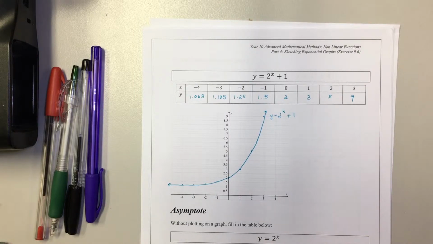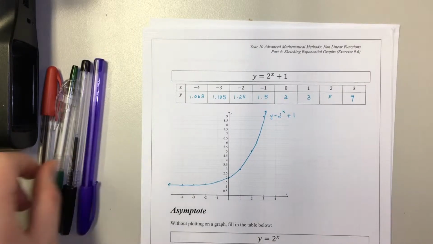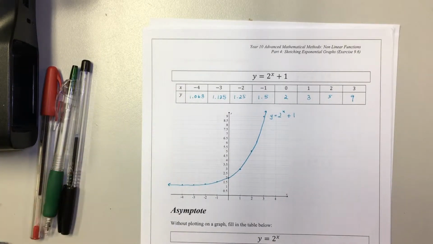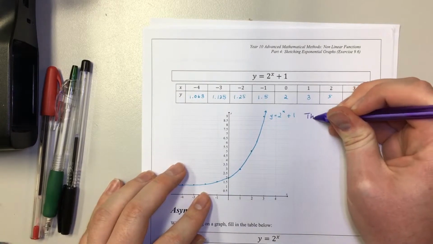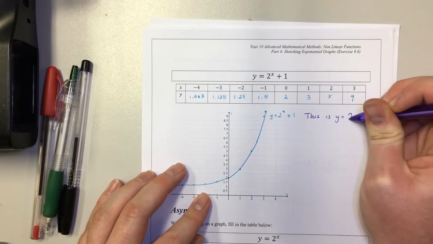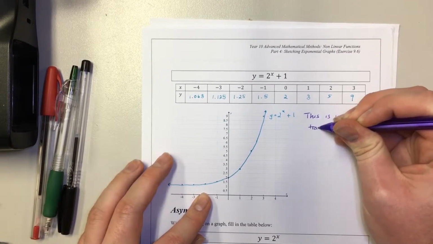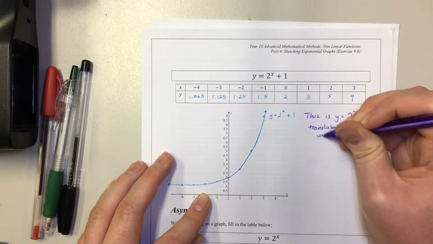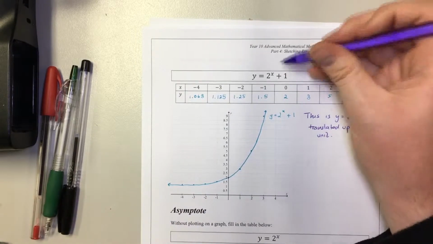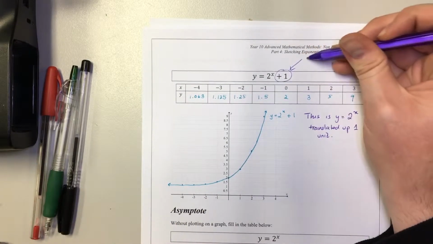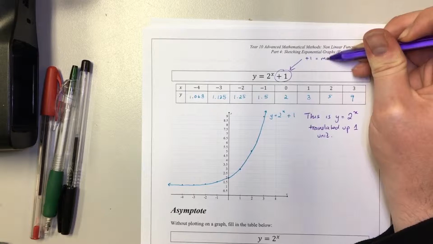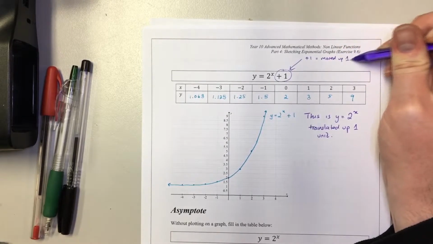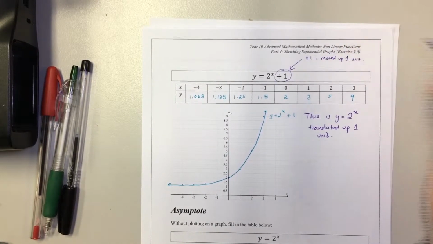Yes, that is correct. It's been translated 1 unit. And that's what the +1 here means. +1 means moved up 1 unit. If it had a minus sign, it would mean it's moved down.